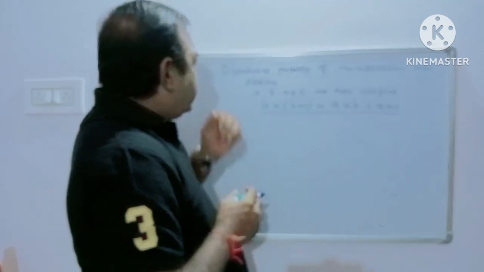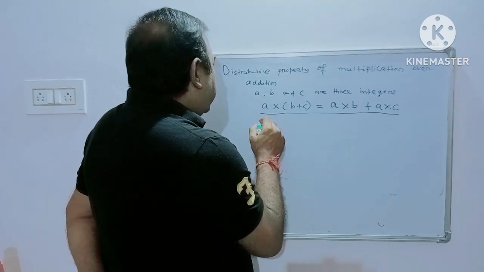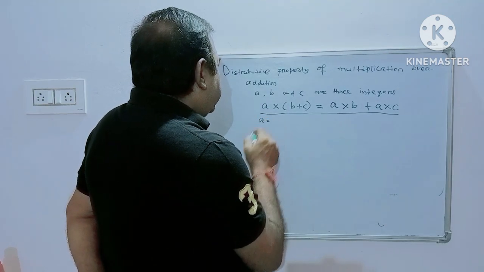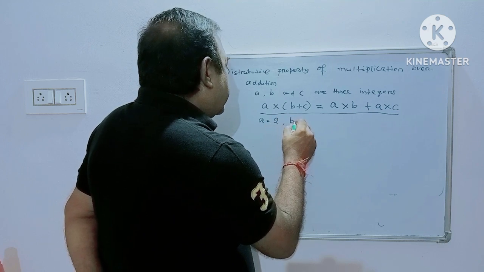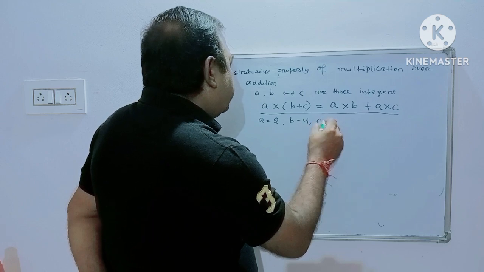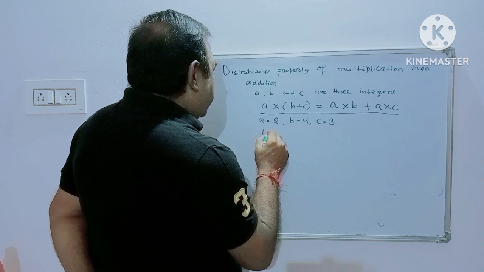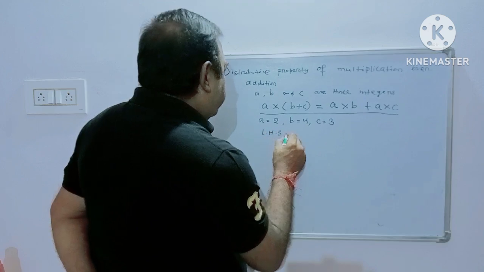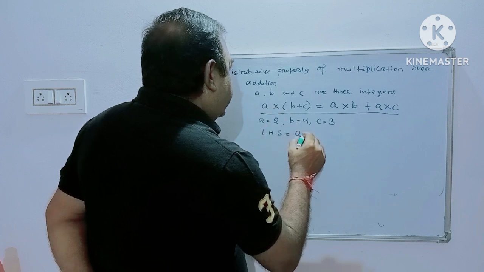So let us take some examples. We verify it. Suppose A is equal to 2, B is equal to 4, C is equal to 3. So you see, what is the left hand side?